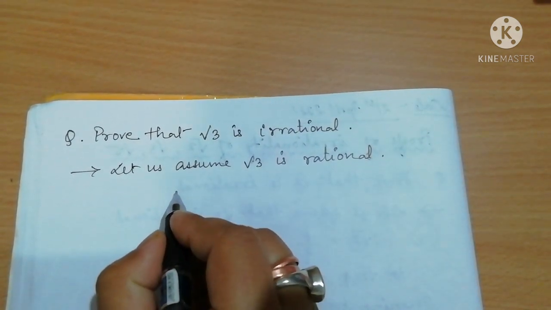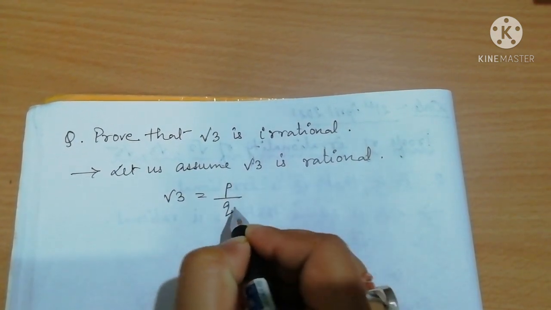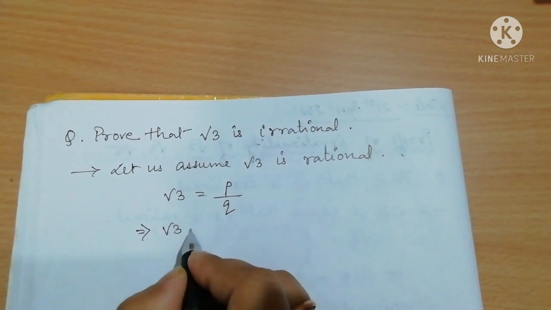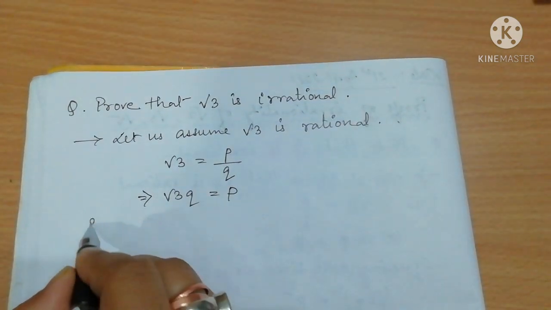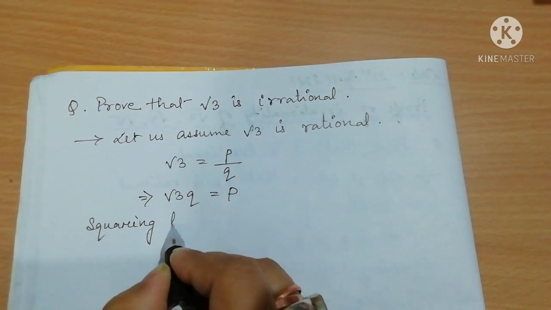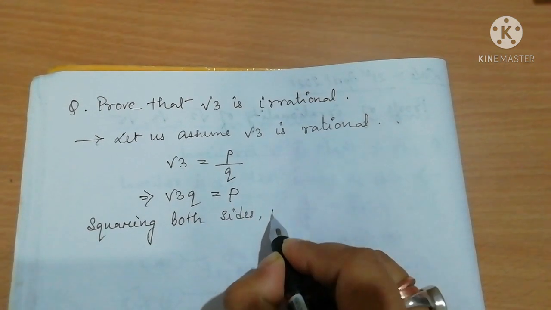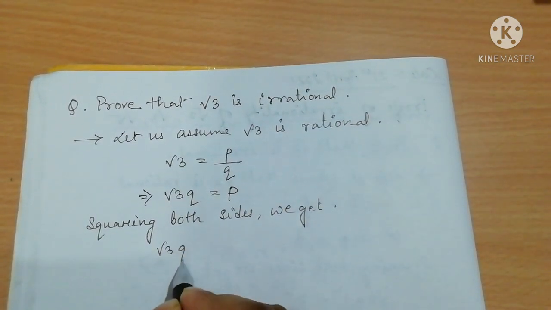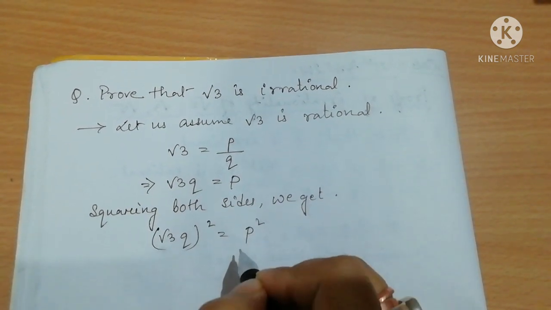So we can write root 3 equal to P by Q. Then cross multiply, root 3 into Q equal to P. After that, squaring both sides, we get root 3Q whole square equal to P square.